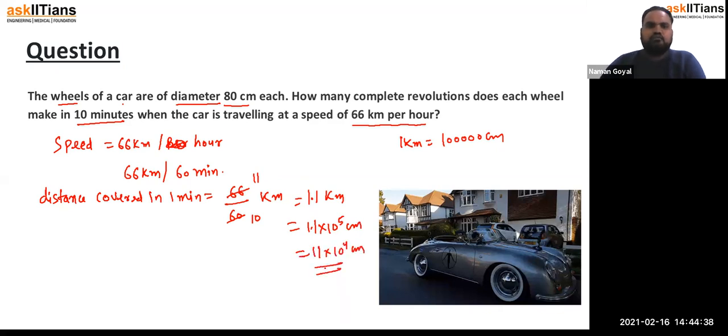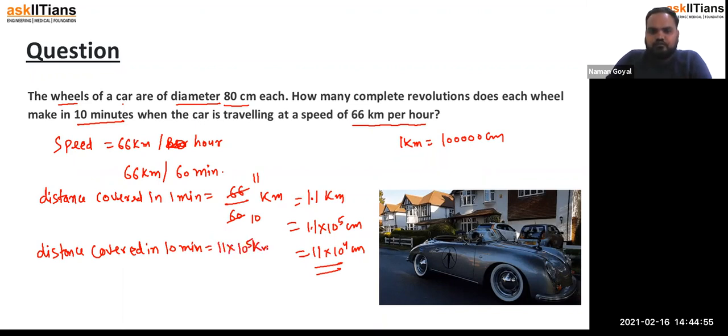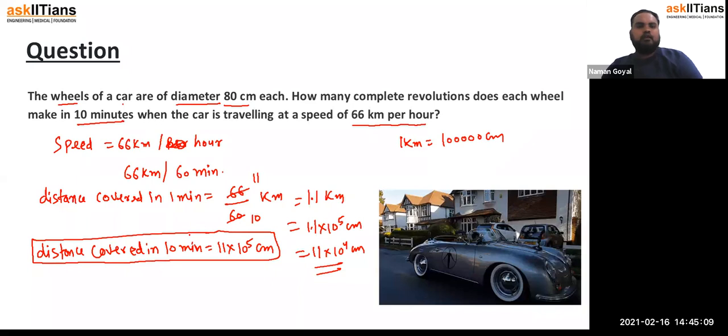This distance will be covered in 1 minute. So to find the distance covered in 10 minutes, we multiply this by 10, and we get 11 into 10 raised to power 5 centimeter. This distance is traveled by the car in 10 minutes.